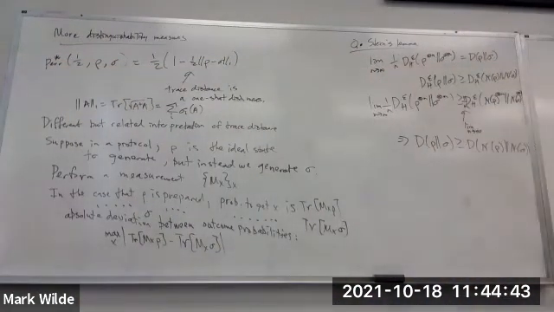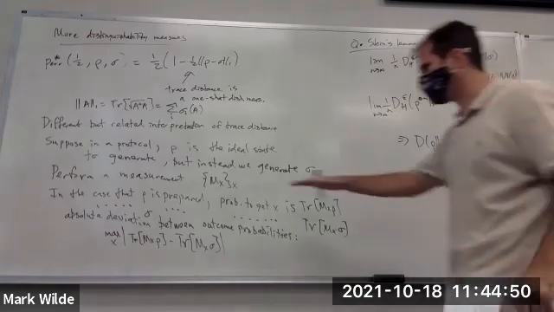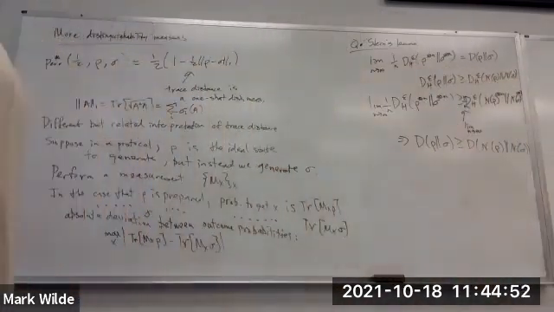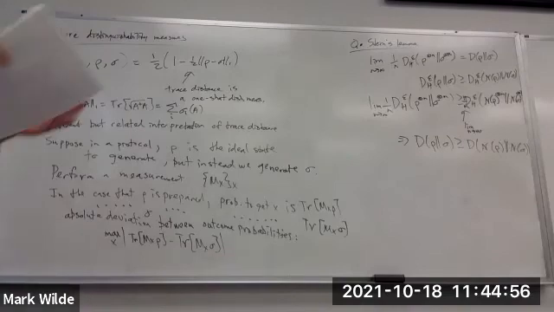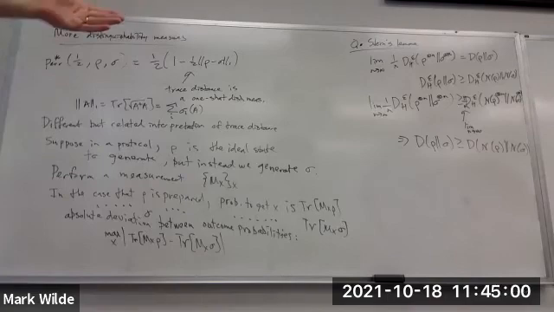We came up with this by looking at a particular measurement. We first said, let's fix this measurement and then maximize the error. But we might be interested in how much they deviate under all possible measurements.